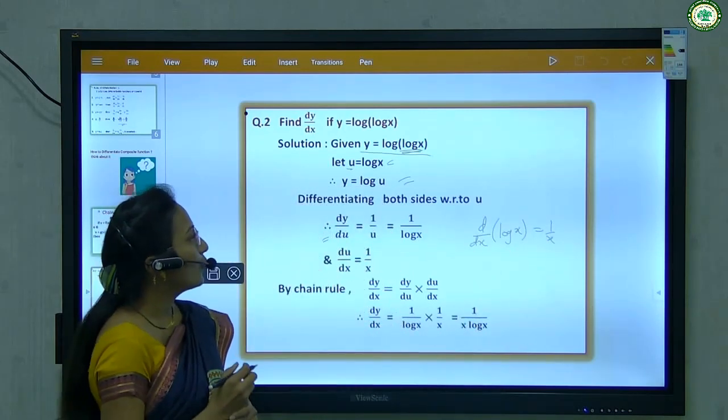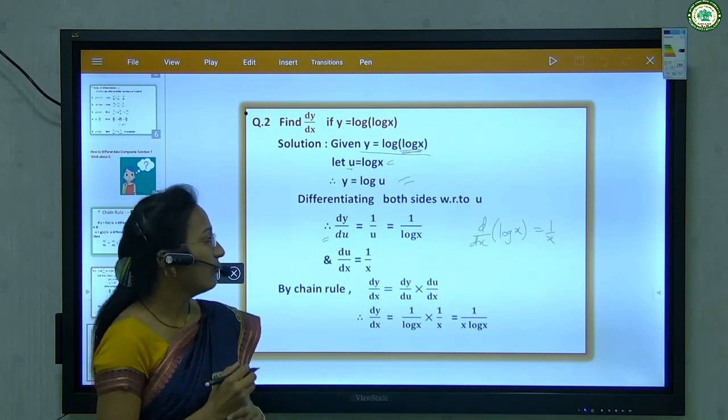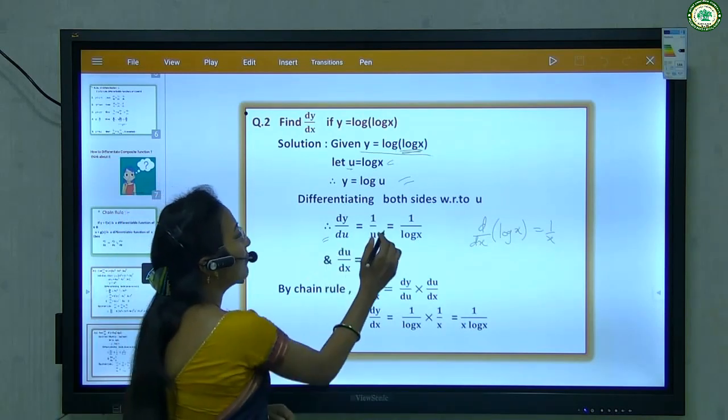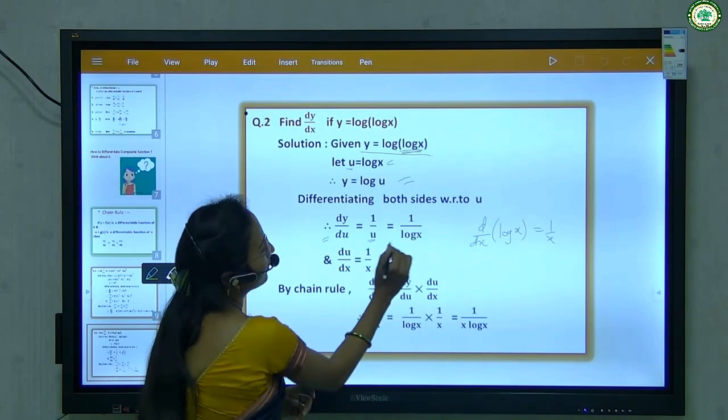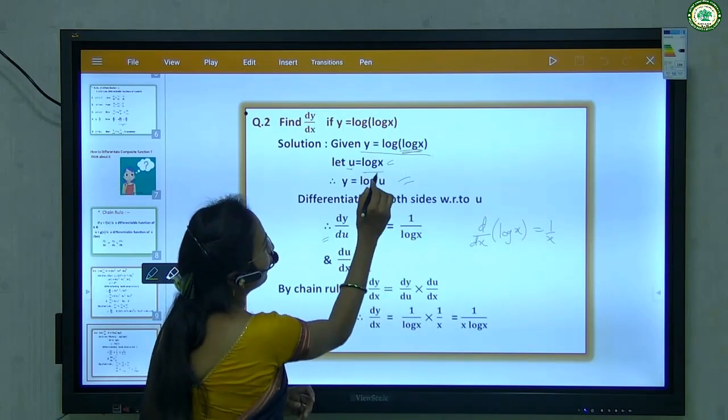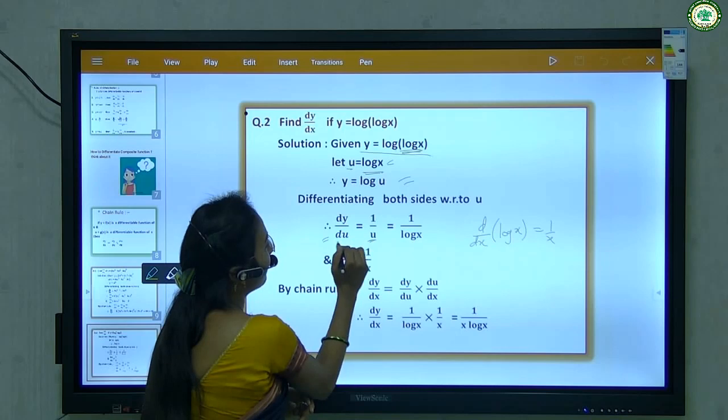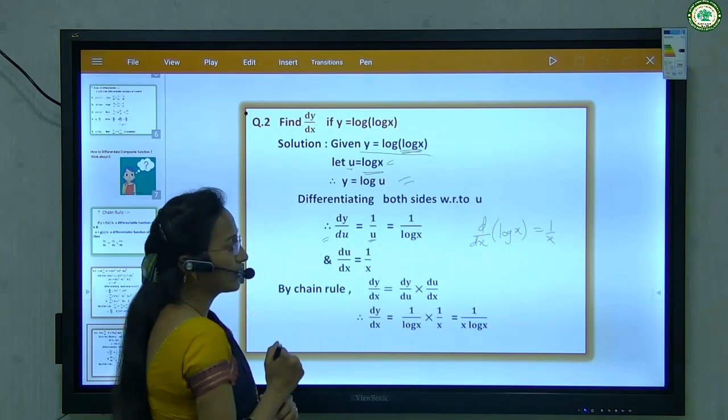Now put the value of u here: 1 upon the value of u, which is log of x. Therefore, dy upon du becomes 1 upon log x.